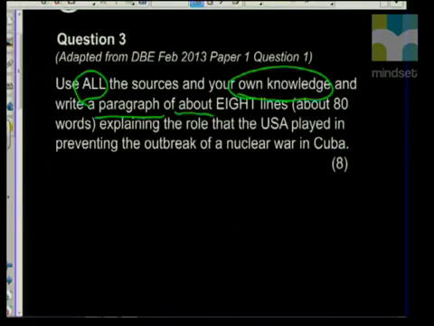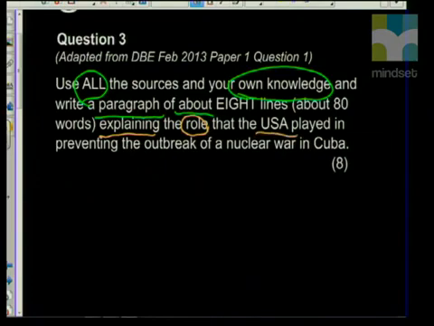And then the task that you have to do is to explain the role that the United States played in preventing the outbreak of a nuclear war in Cuba. Okay, I'm going to quickly underline that so that you can see. You are explaining, and I'm going to circle this, the role played by the United States.